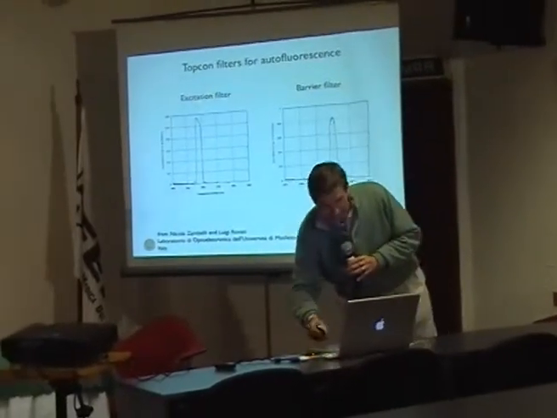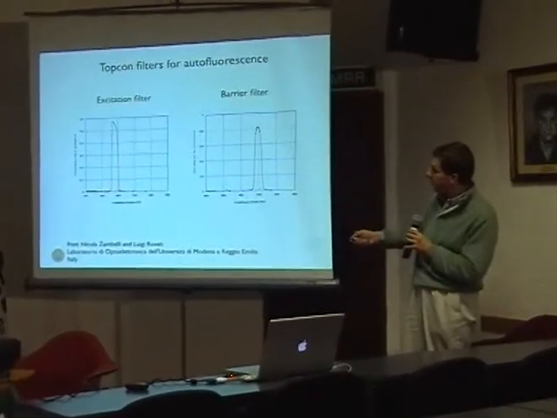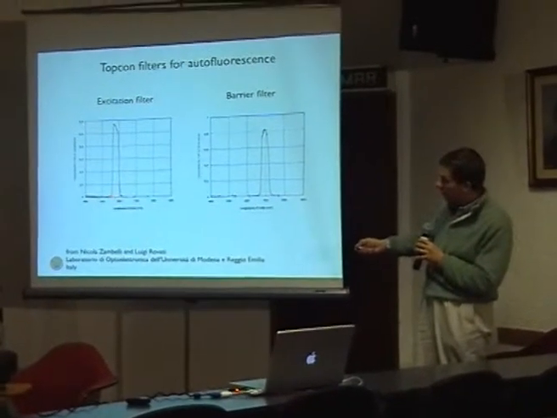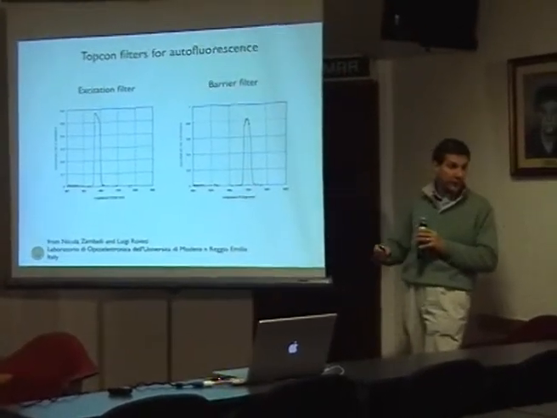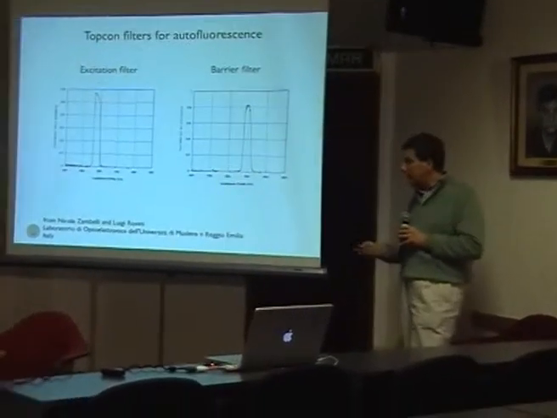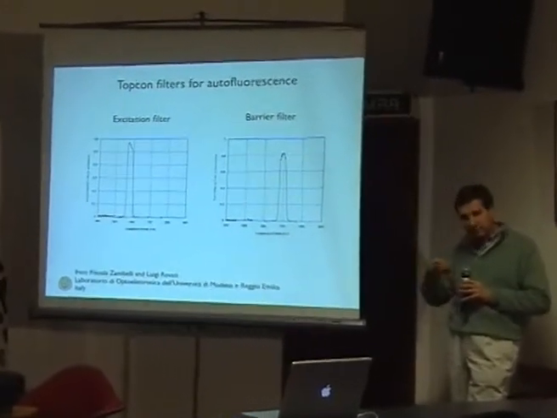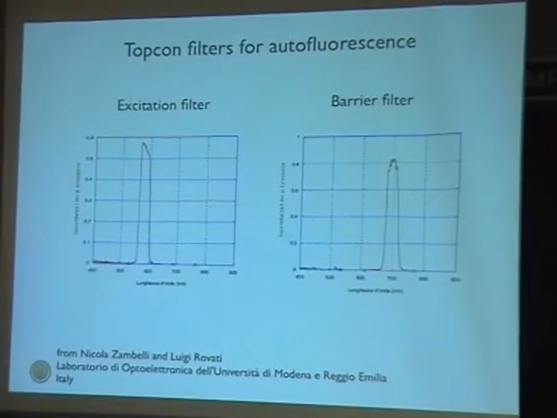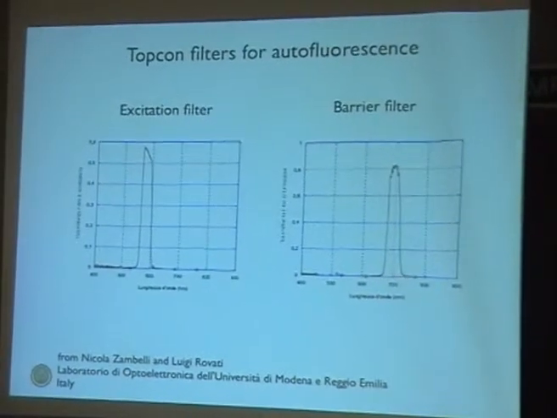And these are the Topcon filters. You see, instead of 488, the excitation is about 580, and about 700 is the barrier filter instead of 500. So it's a little bit more advanced. Now they changed something, and we are evaluating the Zeiss camera that has a filter like that, and you don't see the choroidal vasculature.